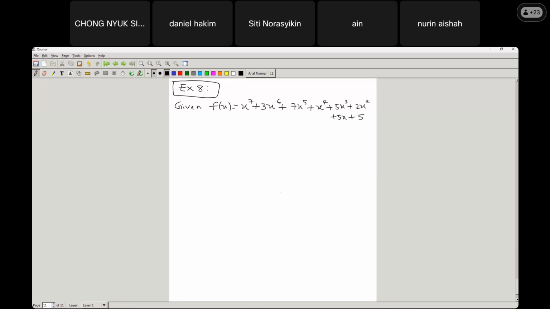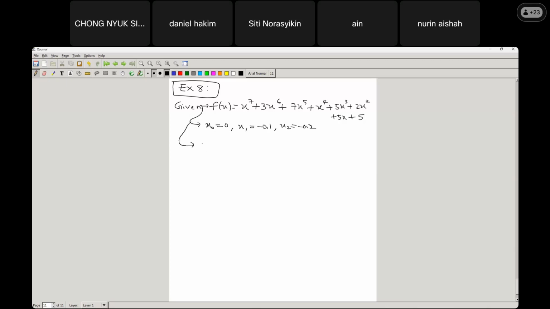Okay? Now for examples and exercises, I try to use those complicated functions. Okay, but in the exam, you will not have such a complicated function. Your function should be a bit simpler. Okay? Now, this is the first information. Second, you have x0 equal to 0, and then your x1 equal to negative 0.1, and your x2 equal to negative 0.2. Okay?